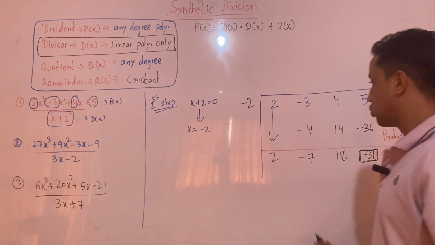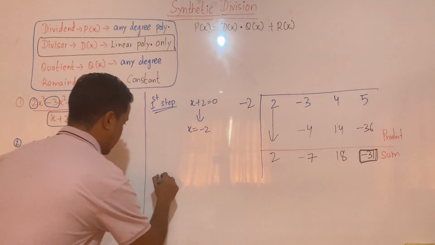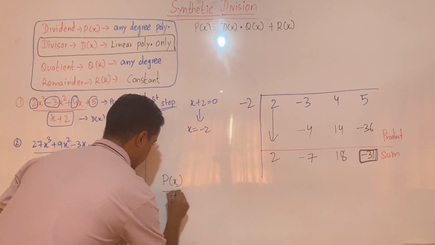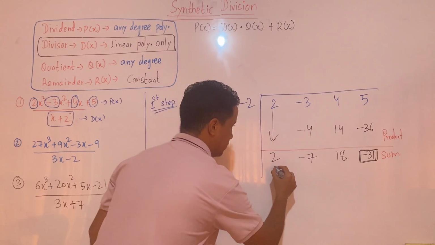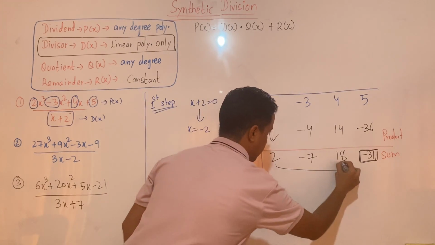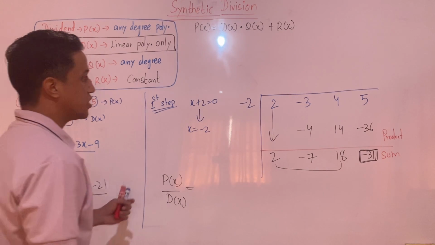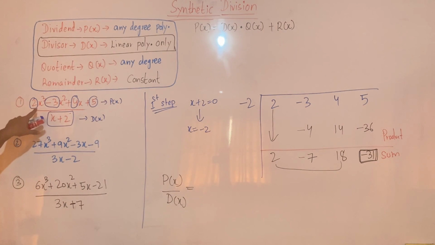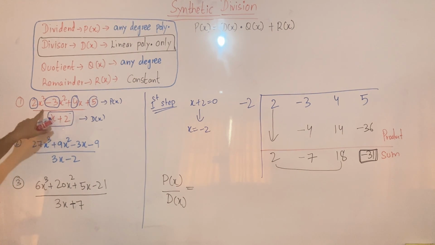Now when we have to write the final answer, like Px over Dx, see here, this is going to be our quotient. Because our dividend started with x cube and our divisor started with x, if I divide x cube by x, I will get x square.